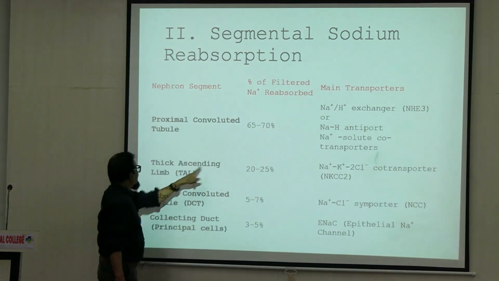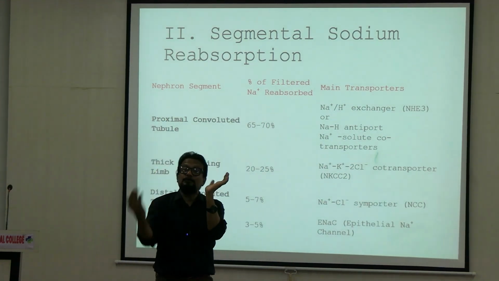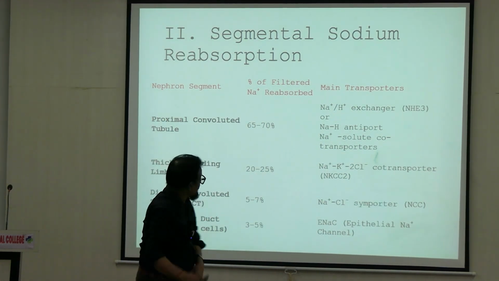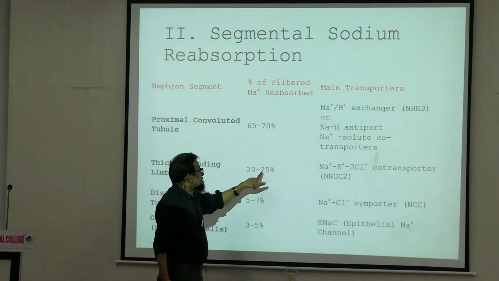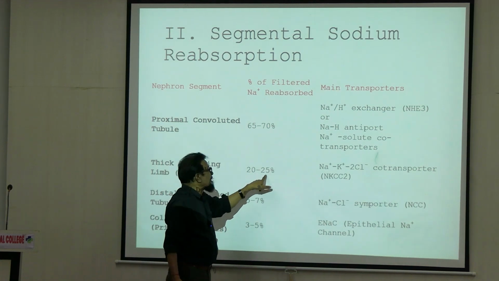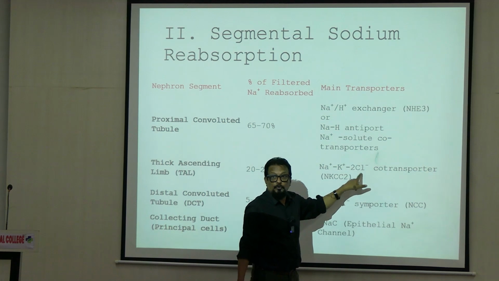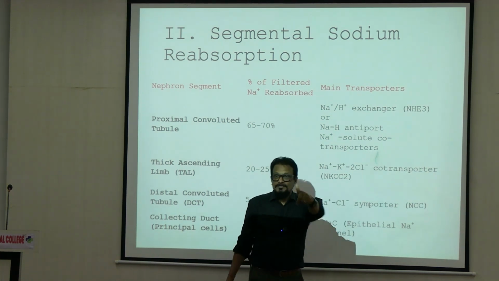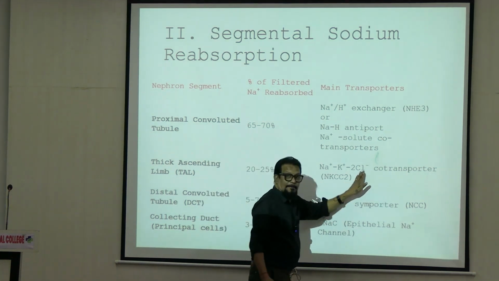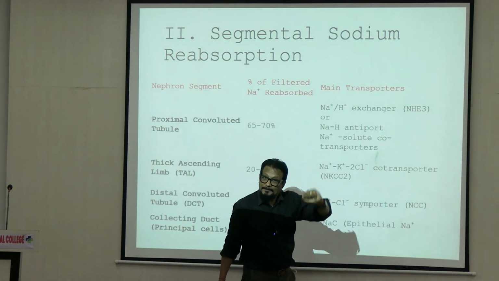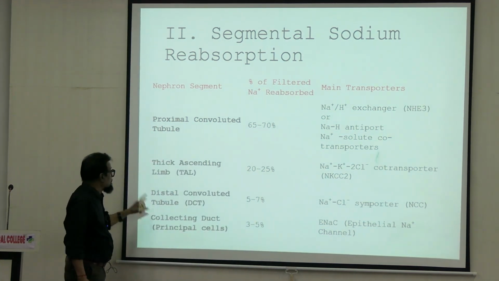And in the thick ascending limb, which passes through the JG apparatus, that limb absorbs 20 to 25% of the sodium, with the sodium potassium 2 chloride co-transporter, and that too with the help of the sodium potassium ATPase pump.